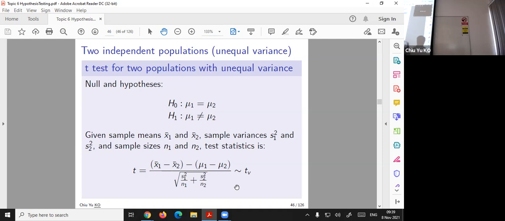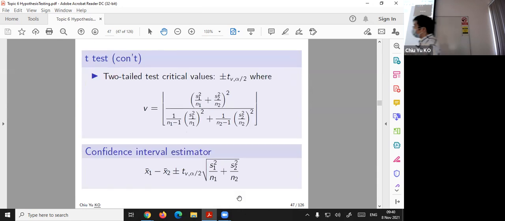And what is the degree of freedom? It's very difficult to check, and there are many ways to calculate the V. Look at the textbook and other books, they will tell you this is the right formula.